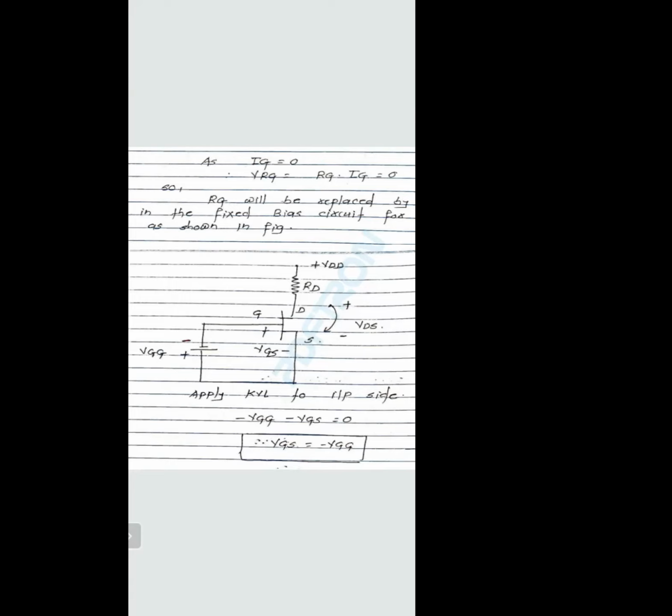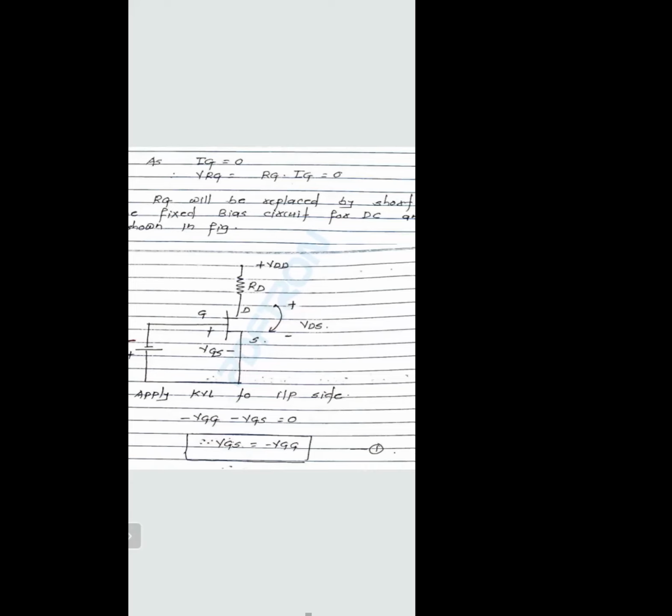See, as gate current equals 0, that indicates VRG equals 0. We know that VRG equals RG into IG. So IG equal to 0 indicates that whatever the value with respect to VRG, that should be 0.